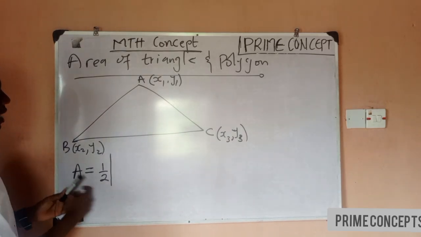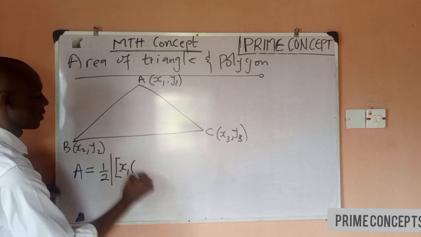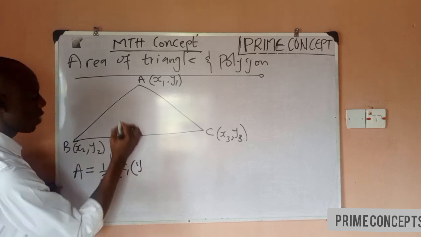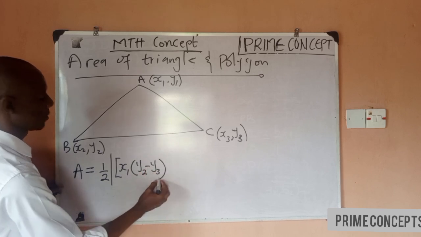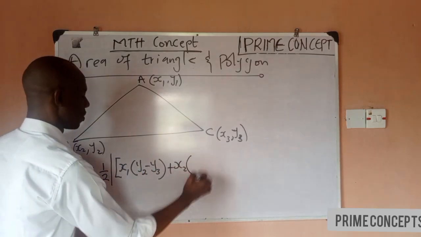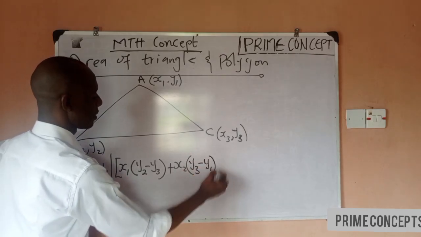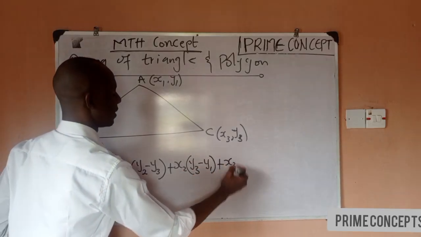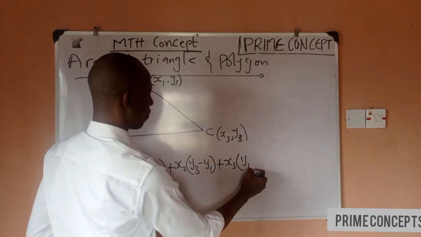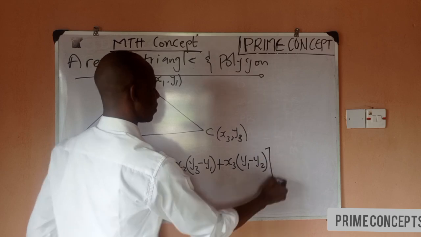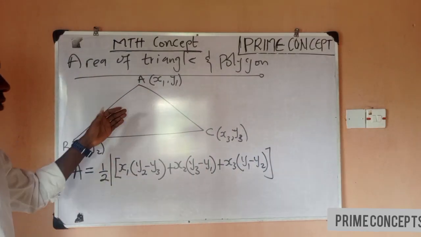So the area is going to be half into x1 into y2 minus y3 plus x2 into y3 minus y1 plus x3 into y1 minus y2.